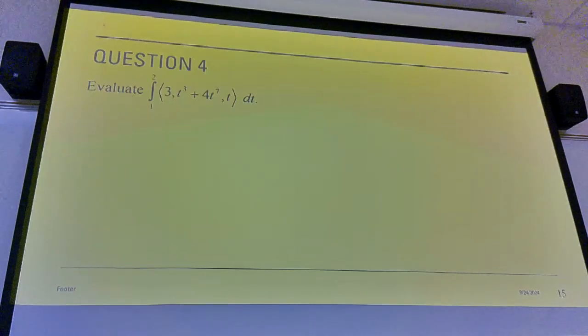Trapezoidal rule, Simpson's rule, which are numerical techniques which involve coding. We also have improper integrals, don't we?